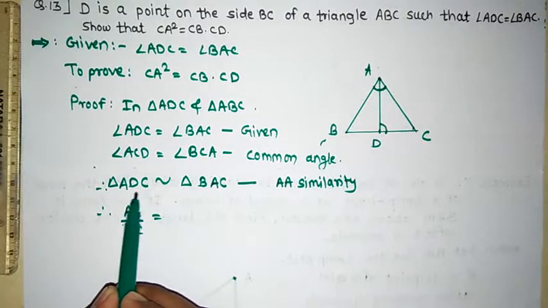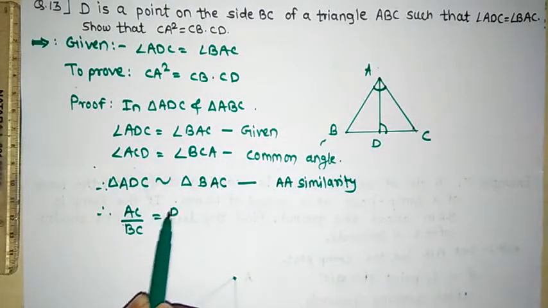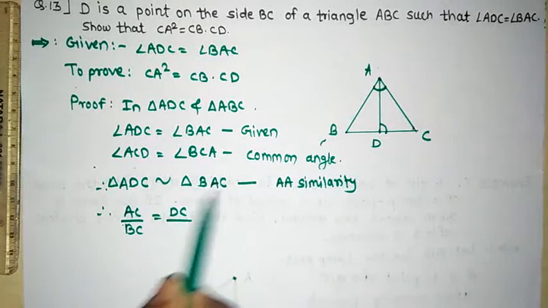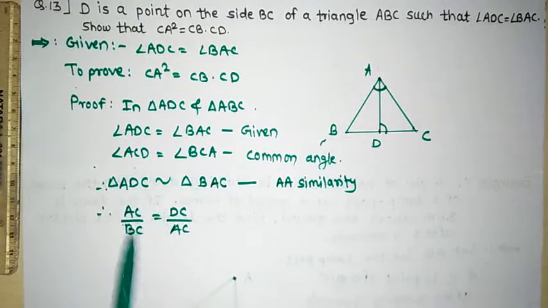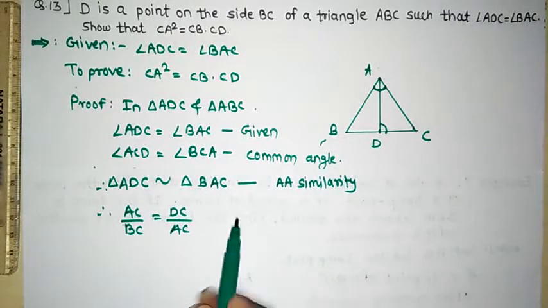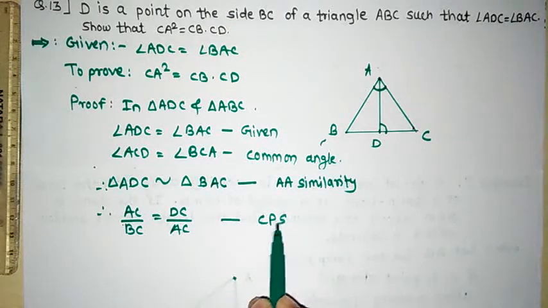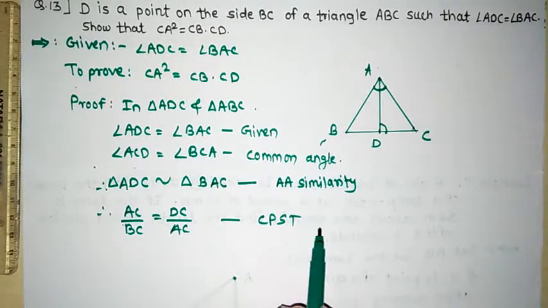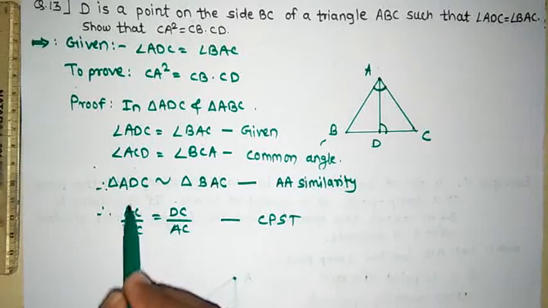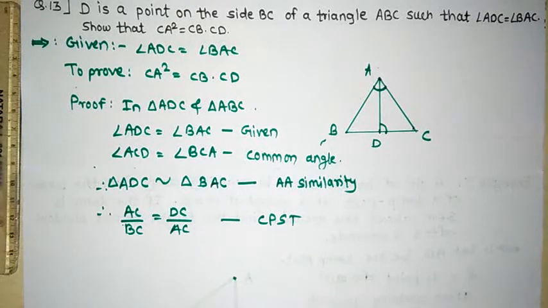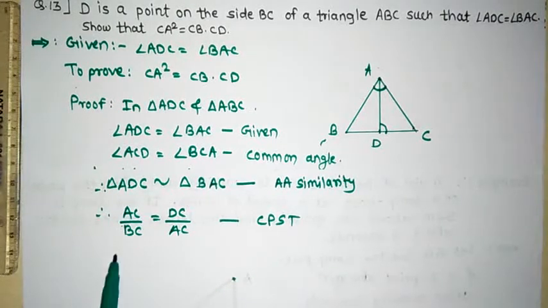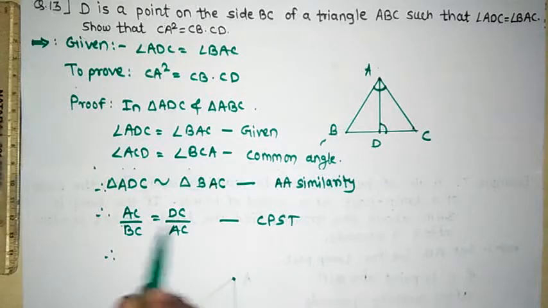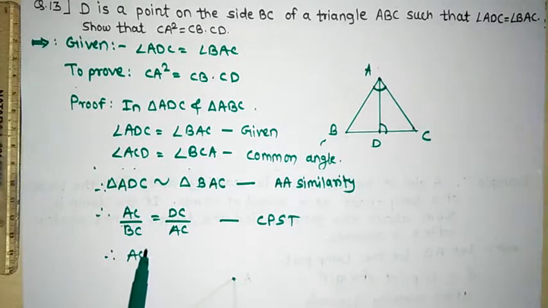Here DC is there, from this we can take DC divided by AC. What is the reason for this? Reason is CPST, that is corresponding parts of similar triangles. DC divided by AC and AC divided by BC you will get here. Therefore now send this AC towards the left hand side, it will go to the numerator, and the BC towards the right hand side, it will also go to the numerator. Therefore AC into AC is equal to AC square.